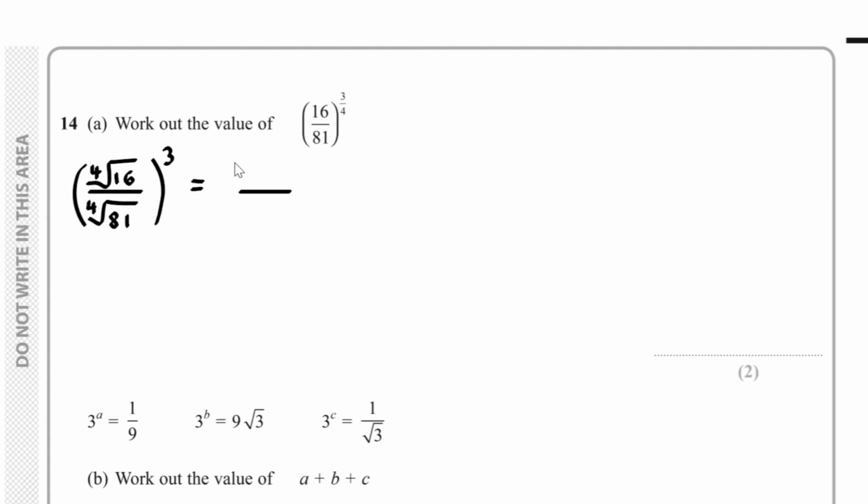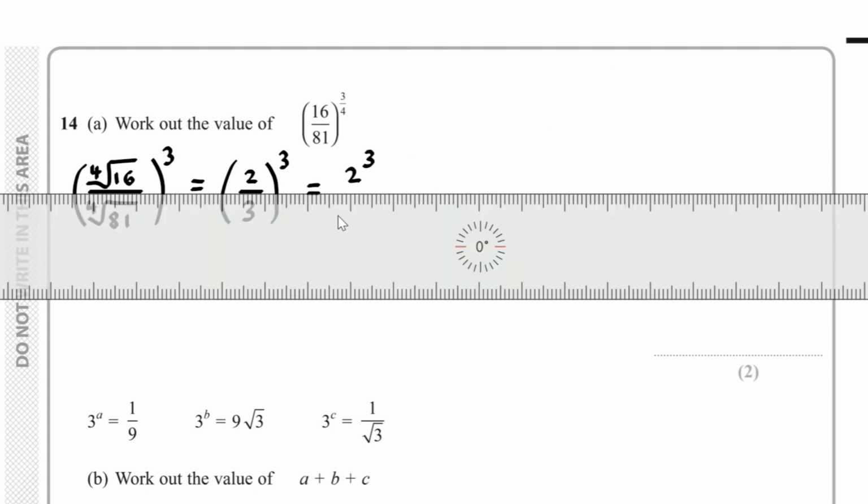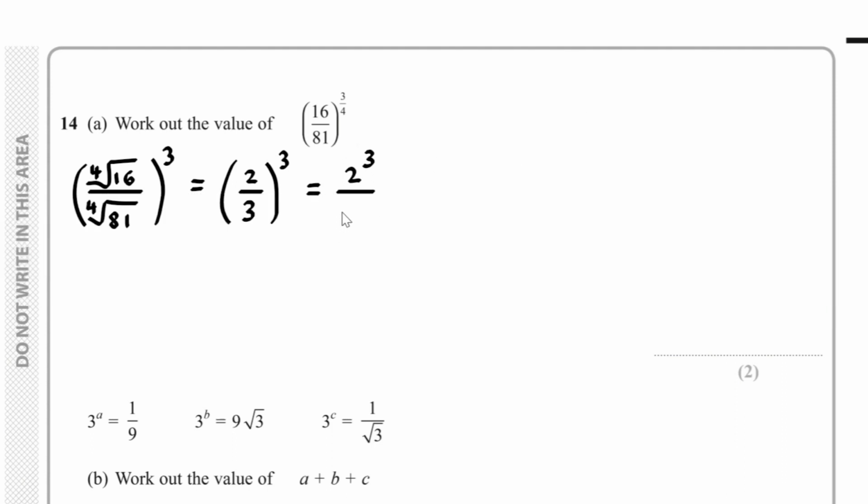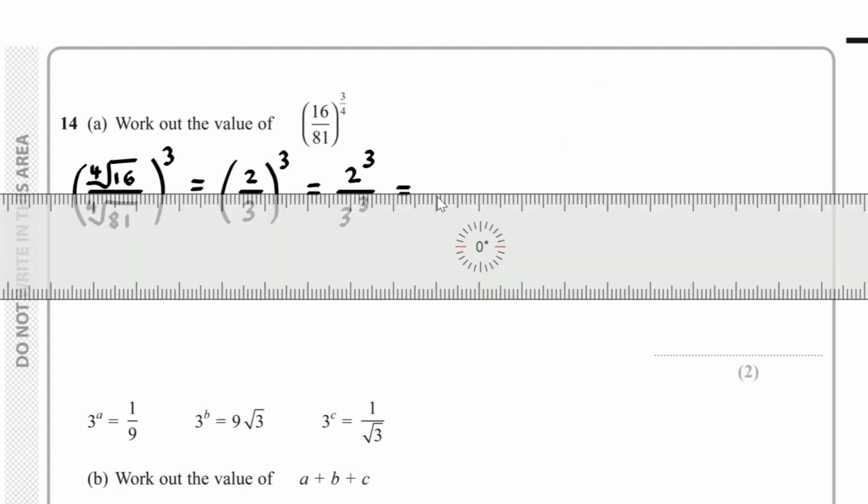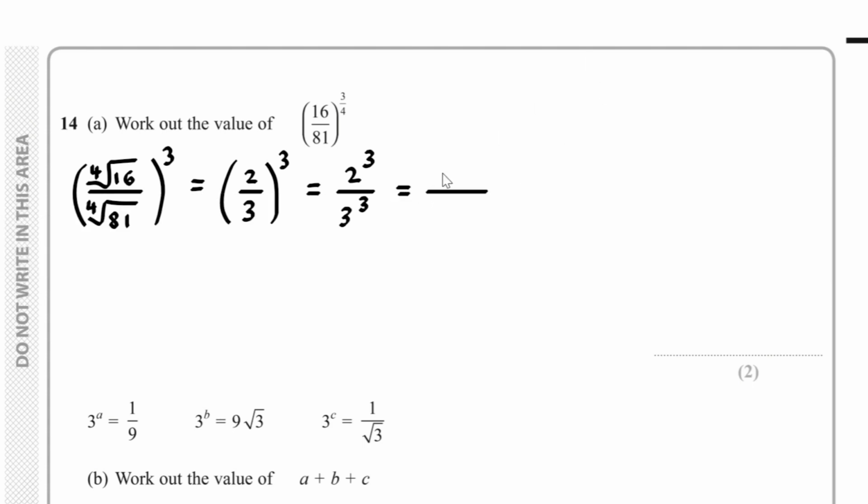So we have the 4th root of 16, which is 2, 4th root of 81, which is 3. I've got 2/3 raised to the power of 3. So that's the same as 2 to the power of 3 divided by 3 to the power of 3. And it turns out we get 8 over 27.